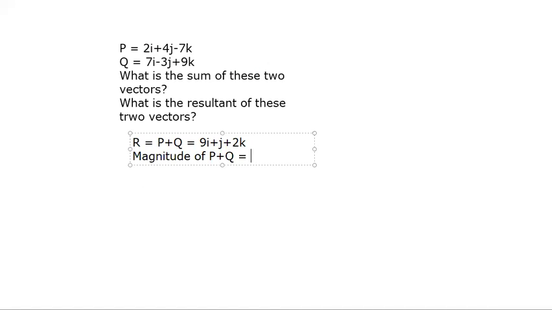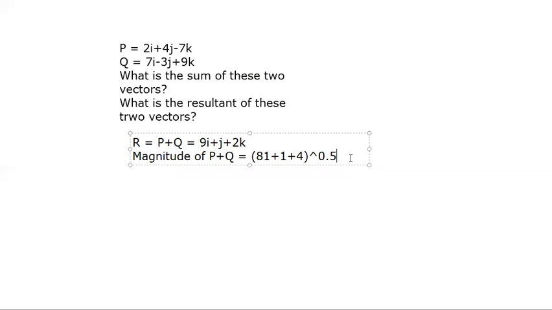The magnitude of P plus Q is 9 square 81 plus 1 plus 2 square 4, and that to the power 0.5, right?